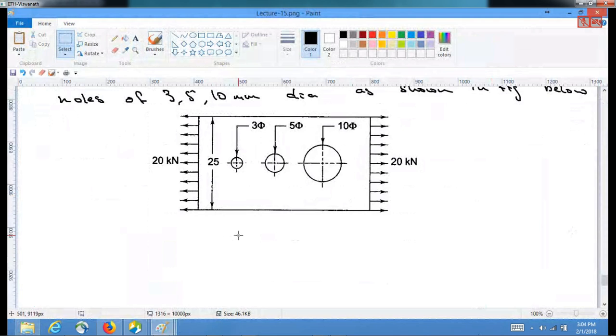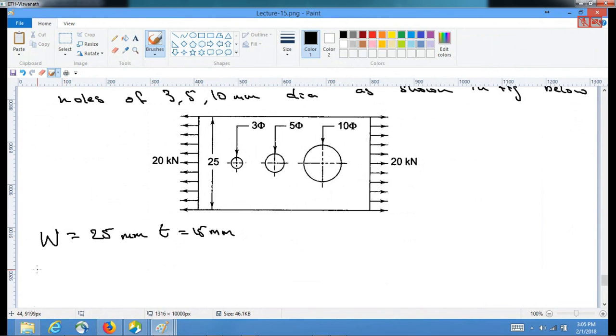Now for this, we know that this is a flat plate, and for a flat plate our W was given as 25, and our thickness is 15 mm.